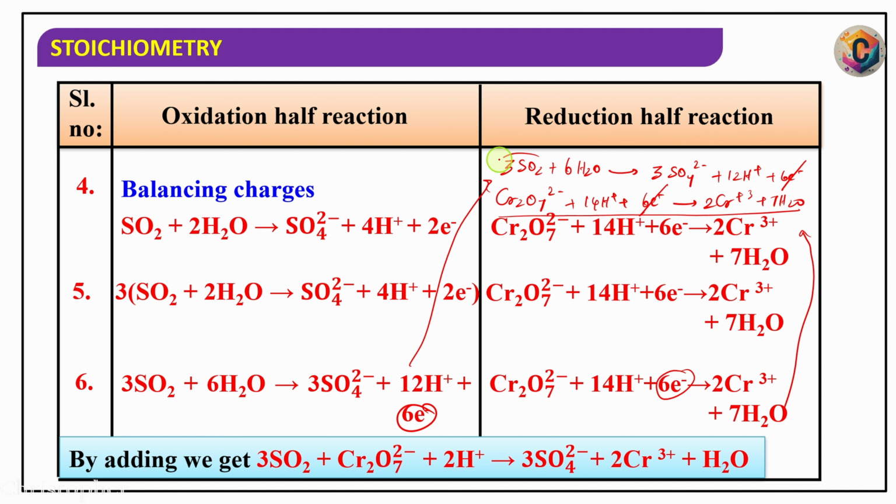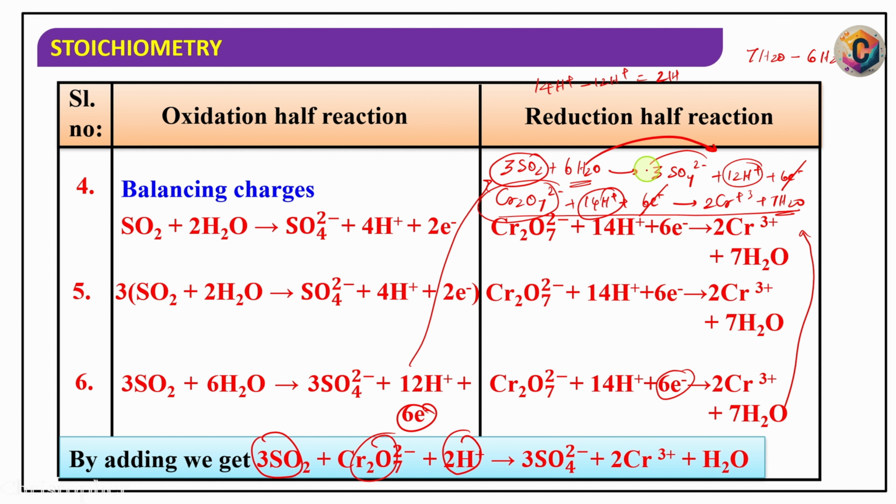So in the first equation, you have 3SO2, so I have written 3SO2 here. Here I have 14H plus minus 12H plus equal to 2H plus, so I have here 2H plus. Then we have written all the reactants of both the first reaction and the second reaction.